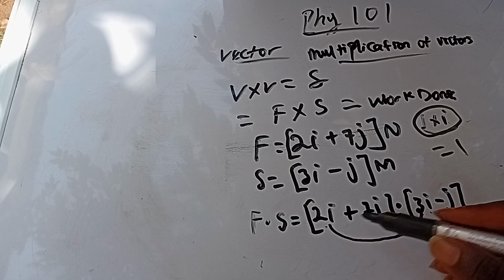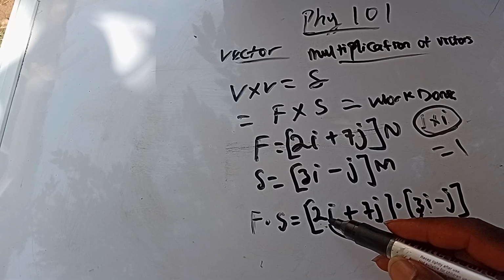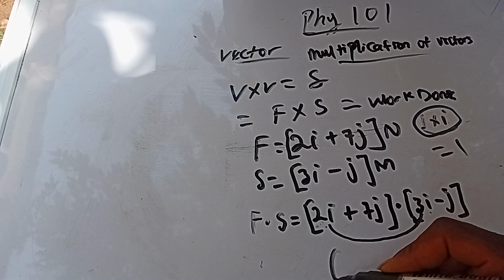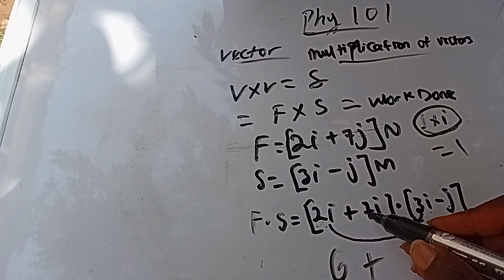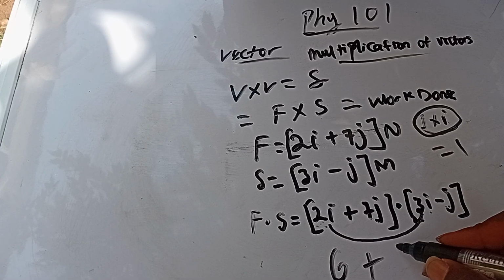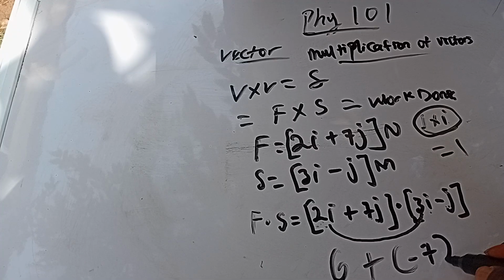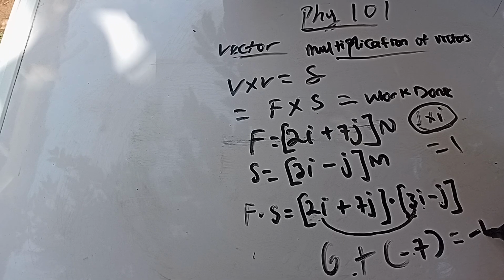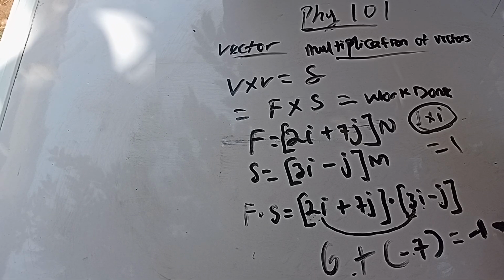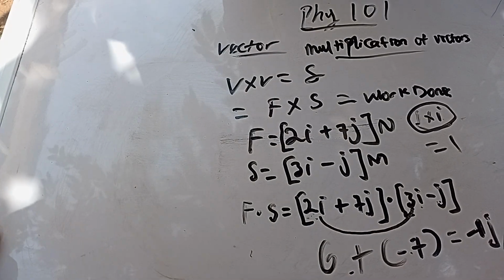So you may not need to multiply everything, just pick the coefficients alone: 2 times 3, that's 6, plus multiply the j's together. The coefficient of j is 7, the other coefficient of j is minus 1. 7 times minus 1 is minus 7, right? So 6 plus minus 7, that's minus 1. Since work done is in joule, you have minus 1 joule.